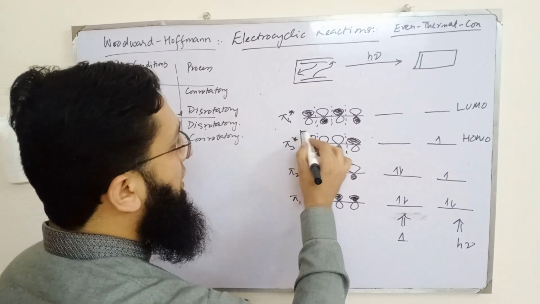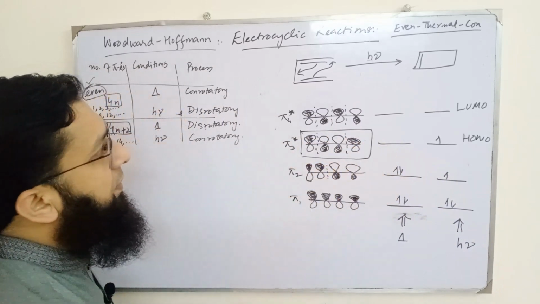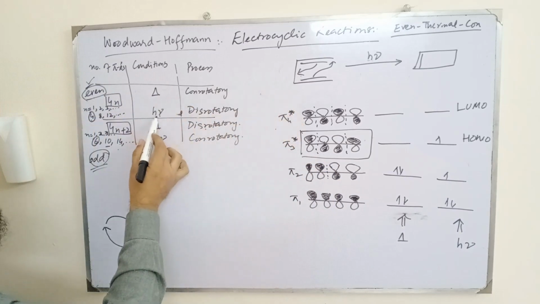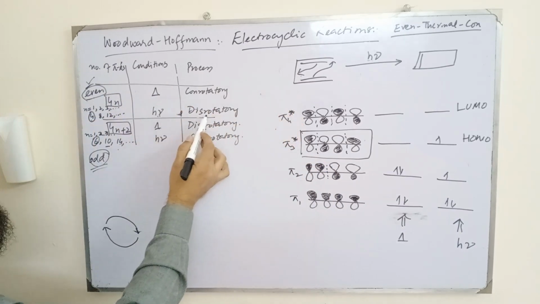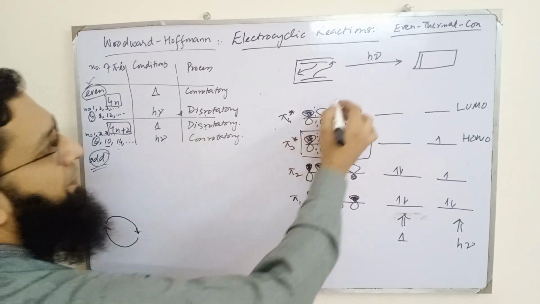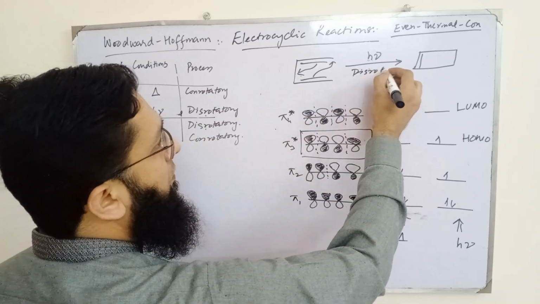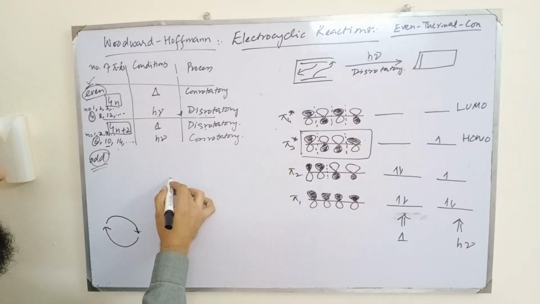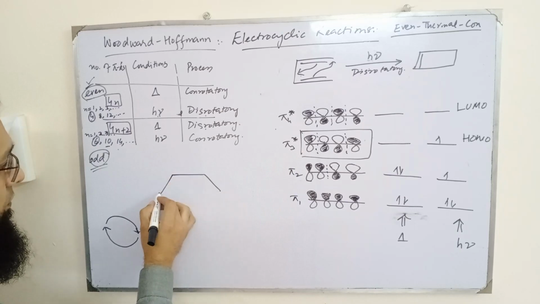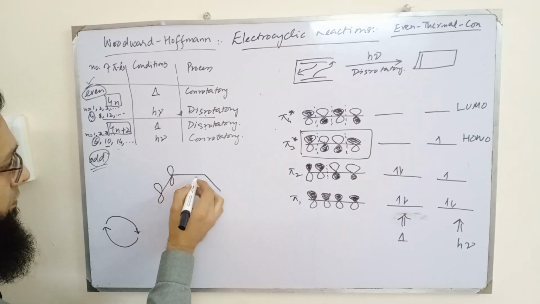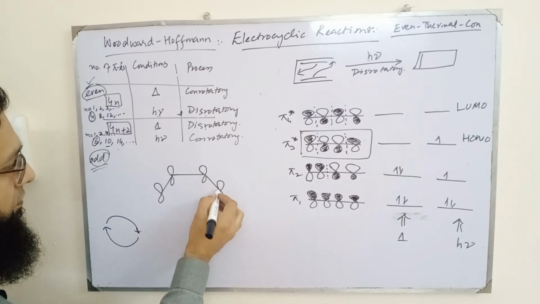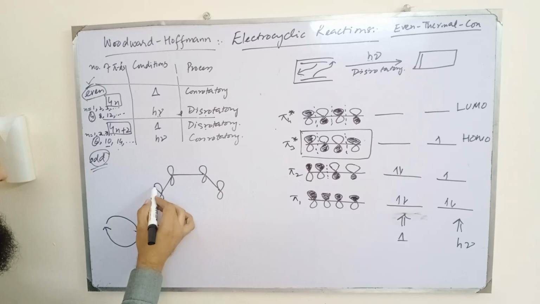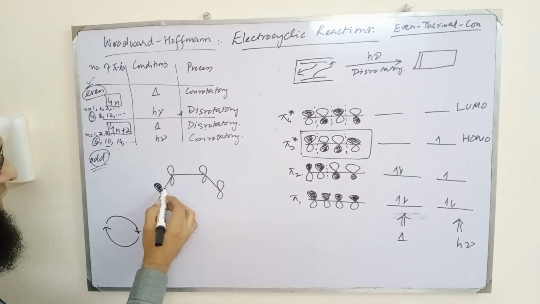So this is HOMO. In this case we will use this orbital, and if we see an even number of electron pushing arrows, photochemical conditions, and the process is disrotatory. So we will take this orbital and we will shade accordingly.